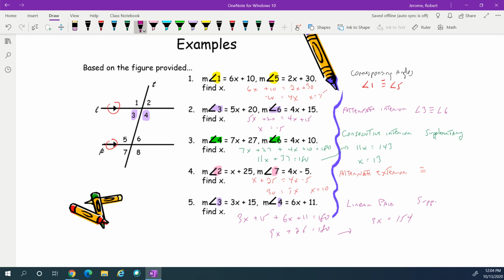We're going to divide by 9, and it looks like we get 17.1. Okay, it is what it is.